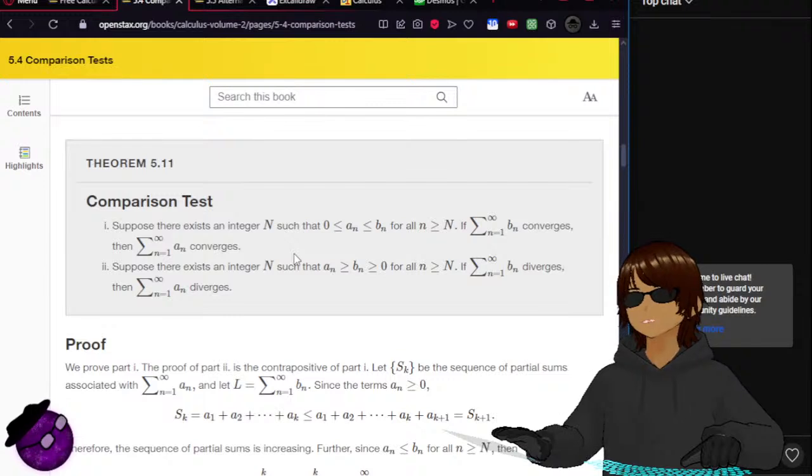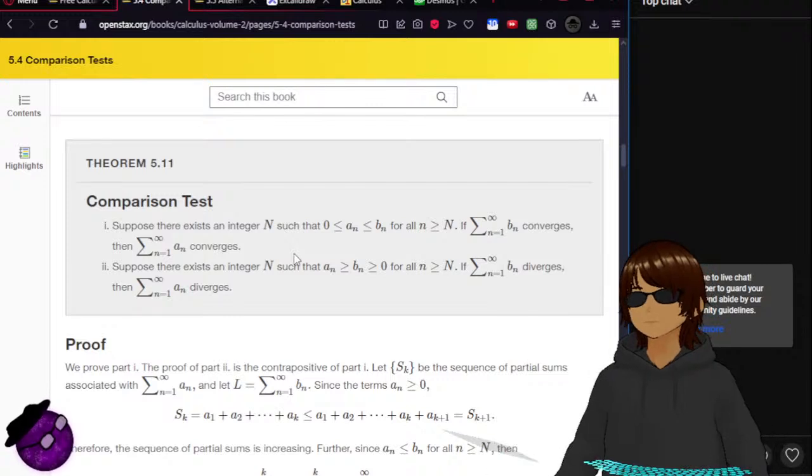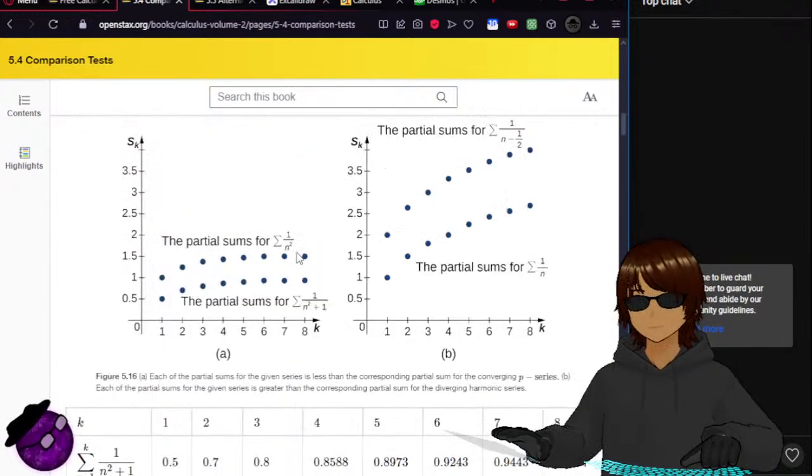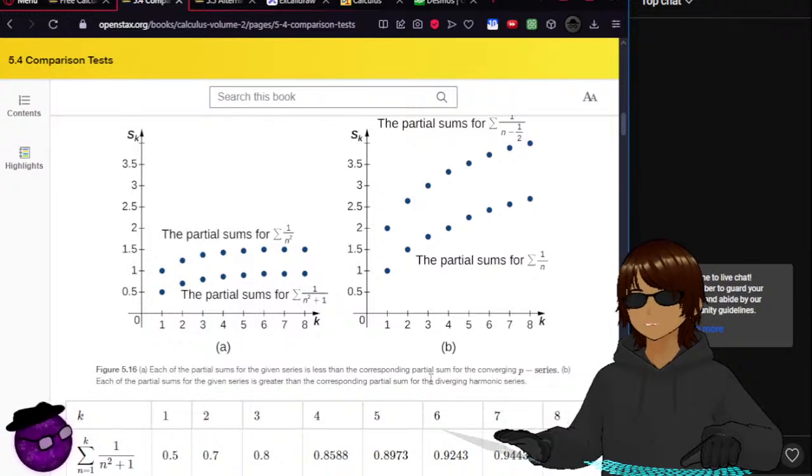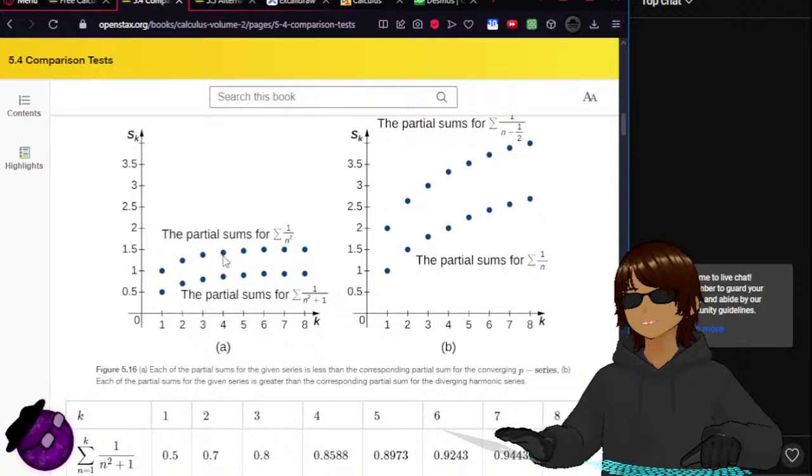But my question is, hold on. The thing is, the bottom one might not converge to 0. It might go to negative and all the way down and still be less than the top one.